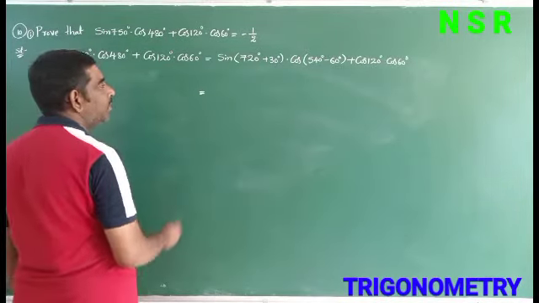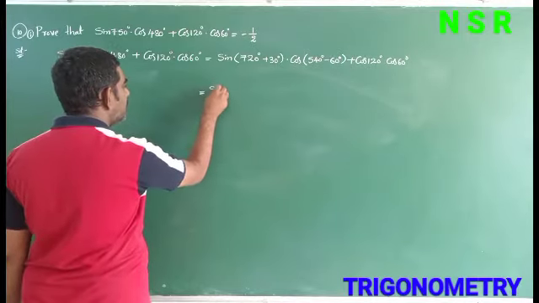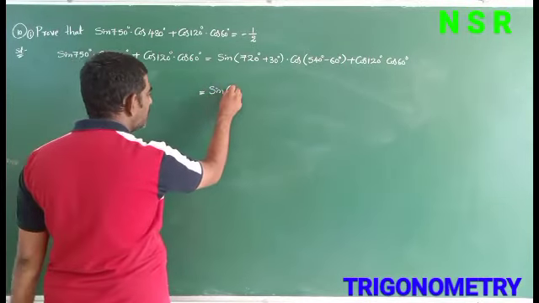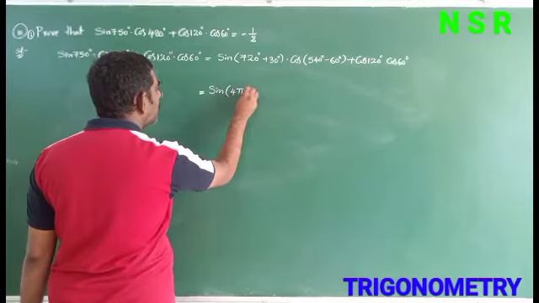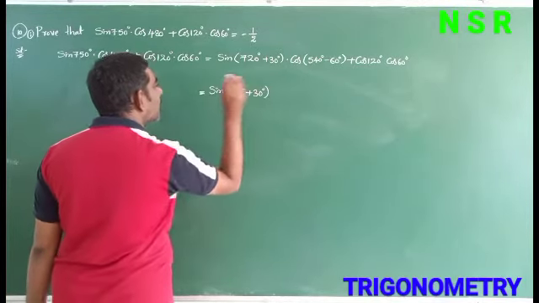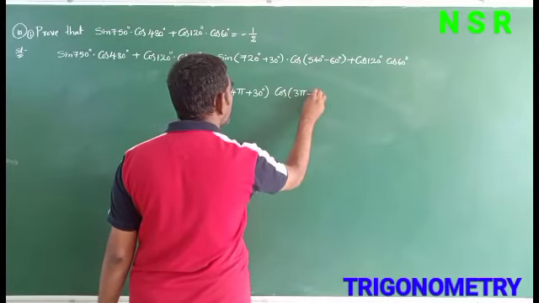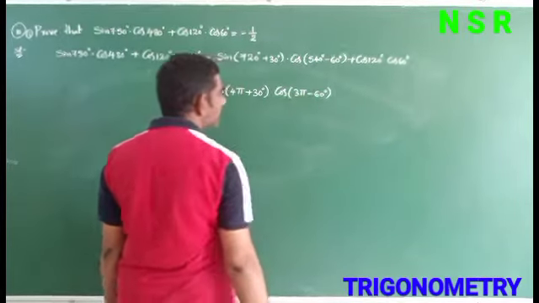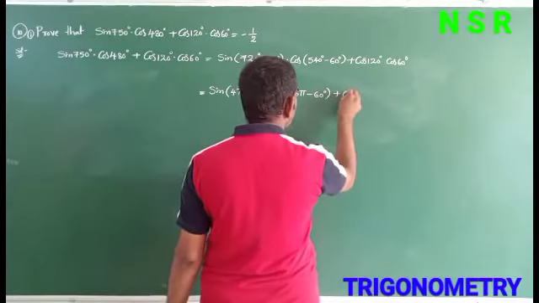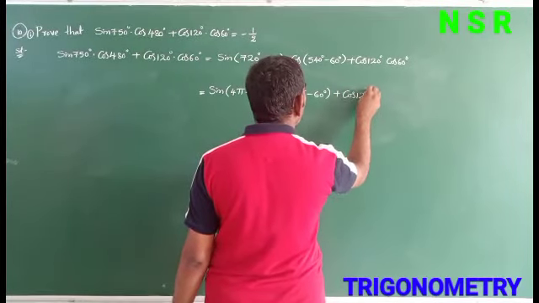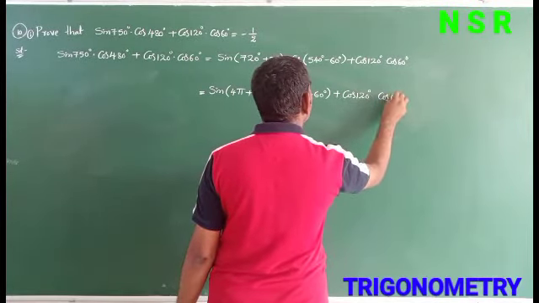So sin(720 plus 30) we can write as sin(4 pi plus 30), and cos 540 means cos(3 pi minus 60), plus cos 120 into cos 60.